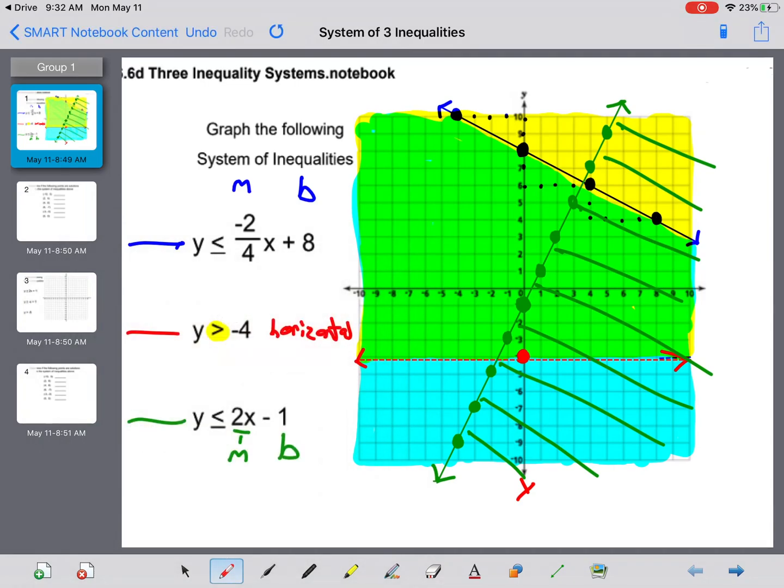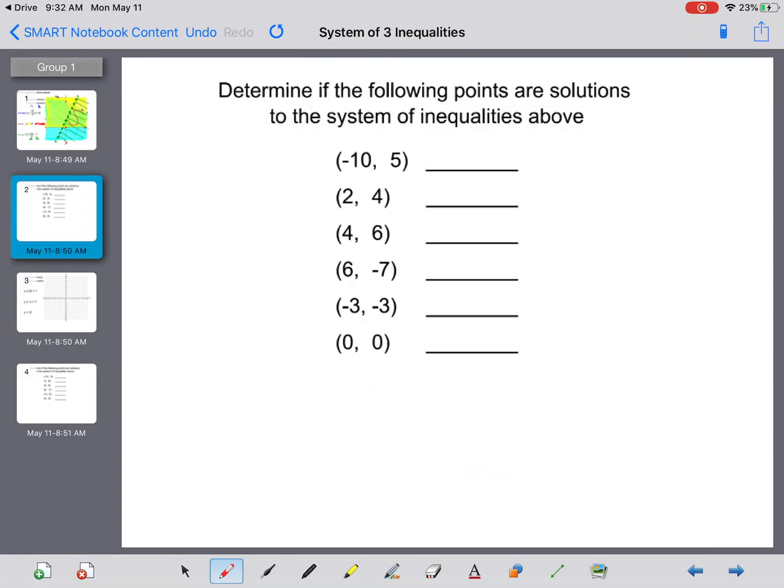That's where all 3 of the lines overlap. We're kind of triangulating the solution set here, and that would be in this section right here. Here's your solution set. That's where the blue, the yellow, and our green lines all meet up.